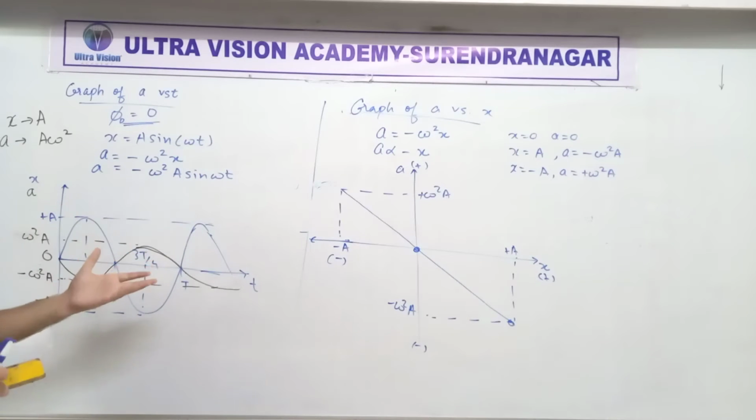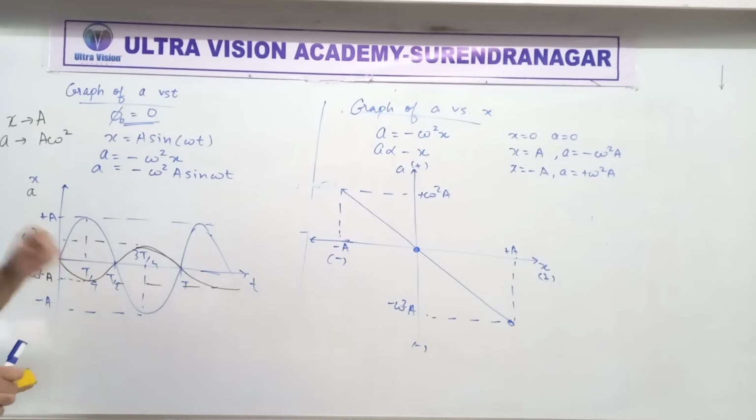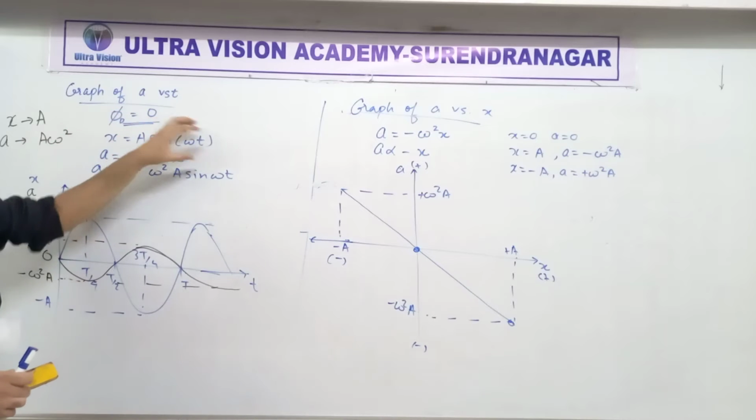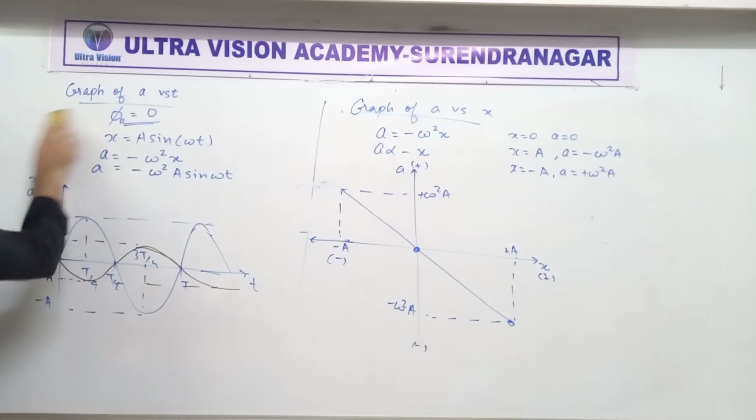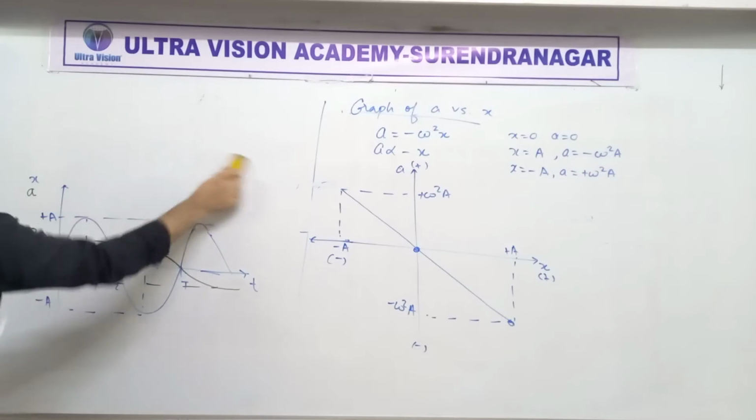Of course, we cannot do all the cases in the class. You'll have to use your concepts, put values and then draw the graph. That's how it works, okay? So that's what we have in this part of graphs. Now, I'm going to erase everything and we move over to the next concept.